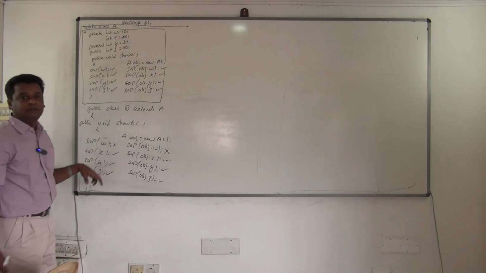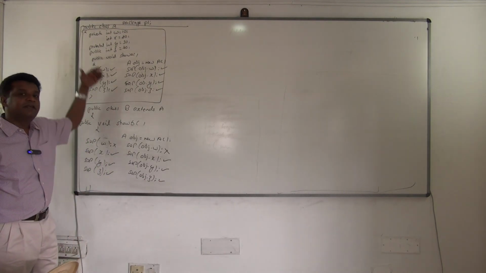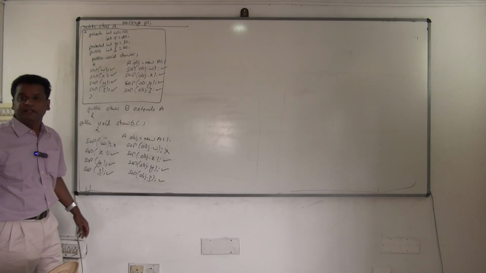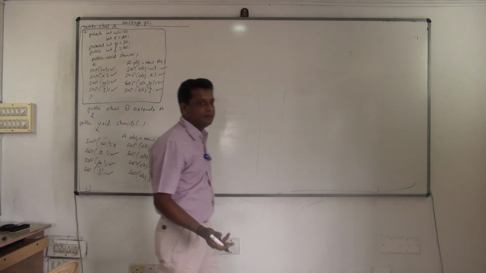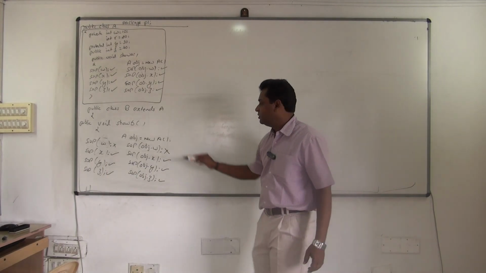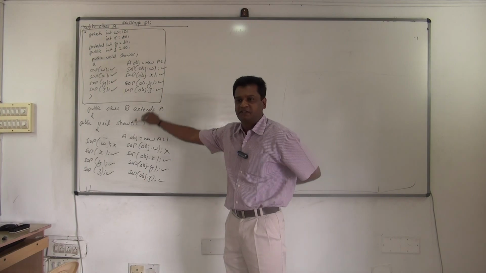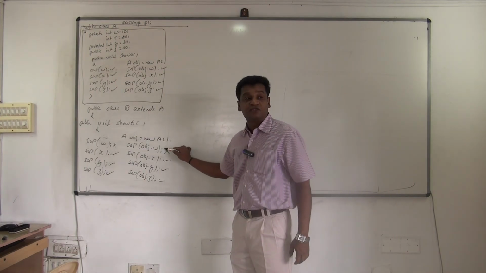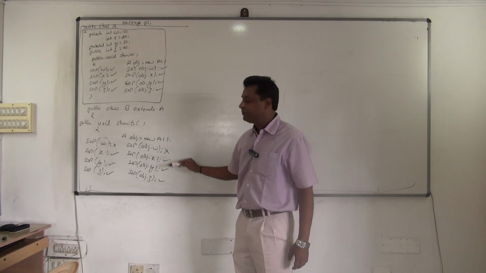By creating an object, I can create the object of the superclass where? In the subclass also. You can create any object anywhere. I can create an object of the superclass in the subclass and access its members. True. So I'm doing that. One you can access directly, the other one you can do like this also. When you do like this, you cannot access only the private member. Are you clear on this? Okay.